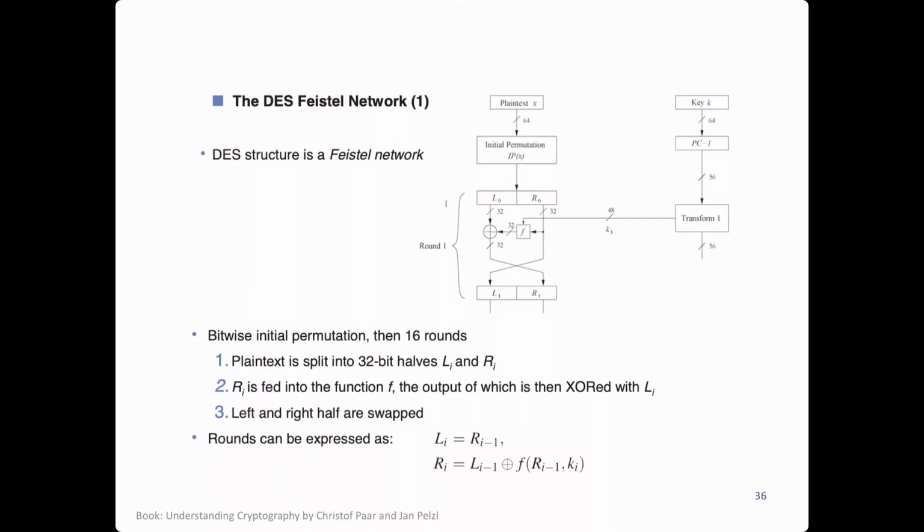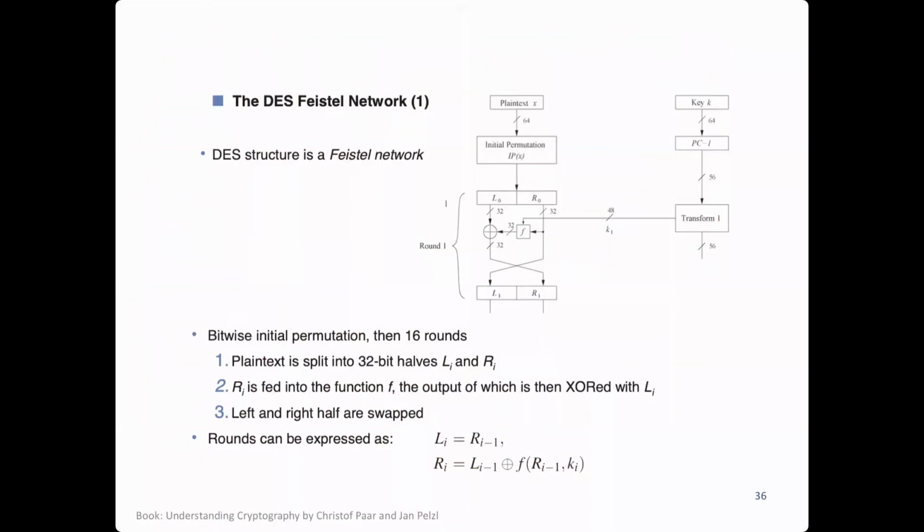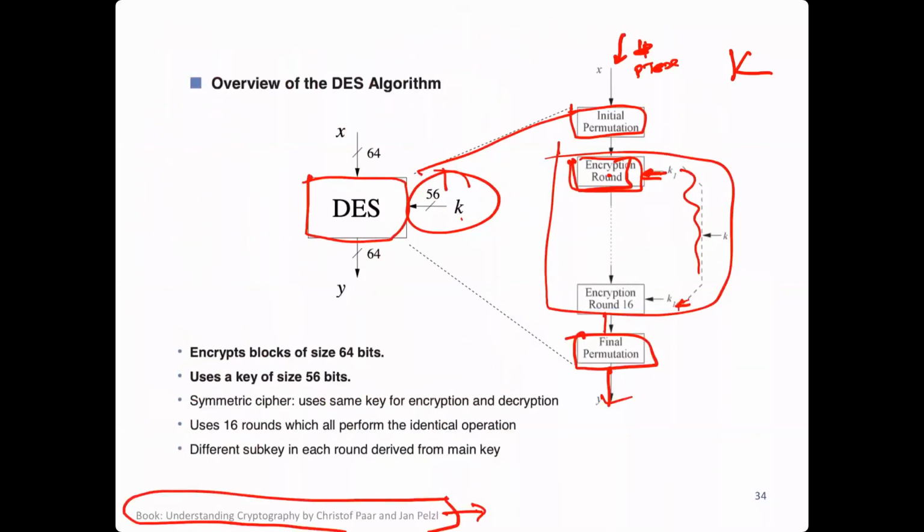Like each round here. This is the plain text. After that we do the initial permutation, and now the game starts. This is the key K. Initially we take a 64-bit key, and from that we generate a 58-bit key, because we say we are using a 58-bit key here.